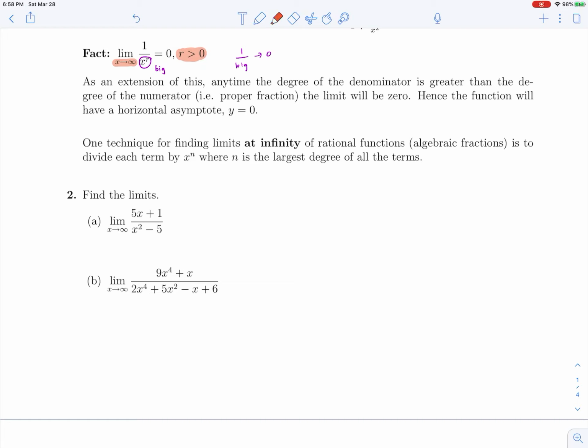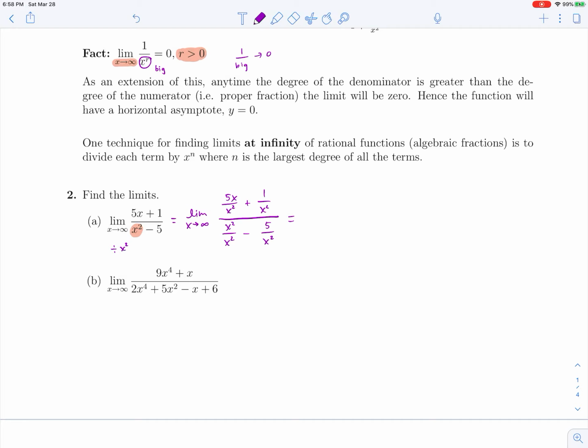So when we look at this first example, x squared, that's our highest degree term. So that means we're going to divide everything by x squared, and we get the limit as x approaches infinity of 5x over x squared plus 1 over x squared over x squared minus 5 over x squared.